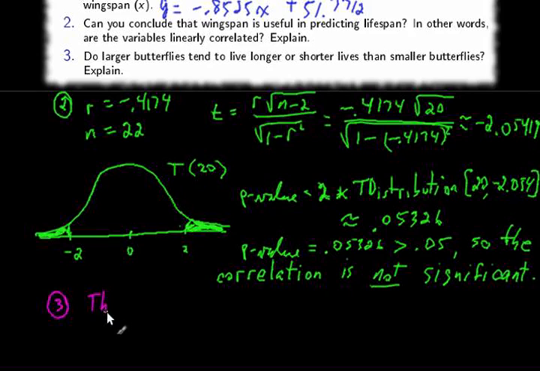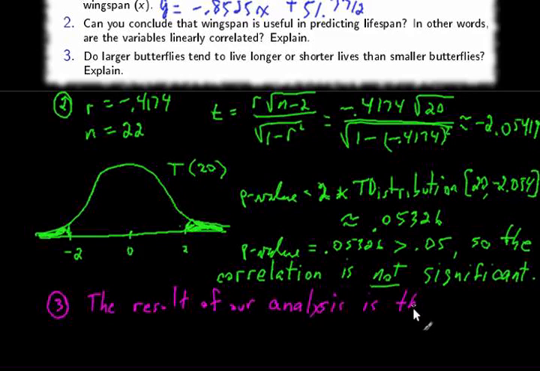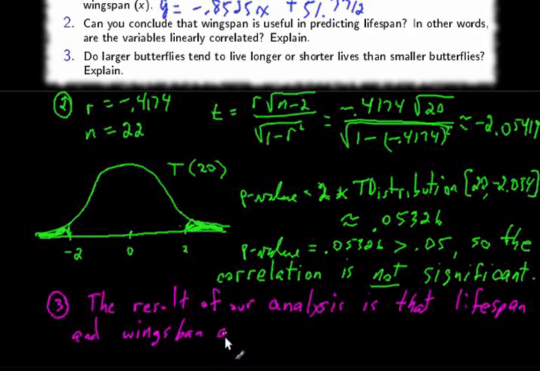The result of our analysis is that lifespan and wingspan are not correlated, or not significantly correlated.